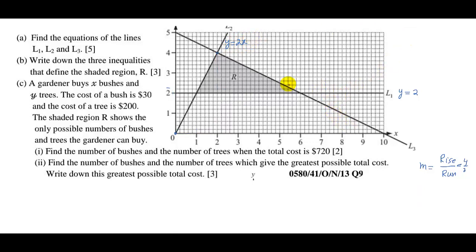This third line, L3, is also a sloping line having some gradient, and to find the equation of this line, we again use y = mx + c. Here c is the y-intercept, which is 5. To find m, the gradient, rise over run, let me take any 2 points of this line and draw a right angle triangle.